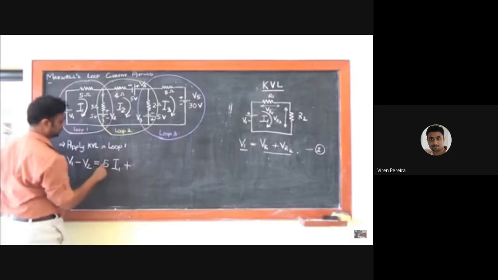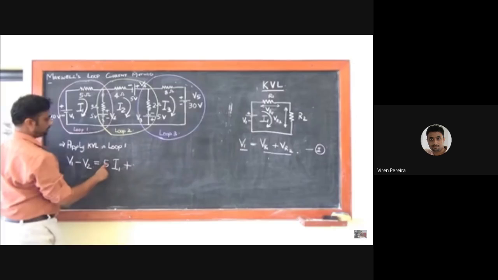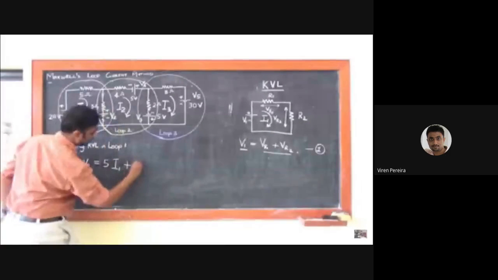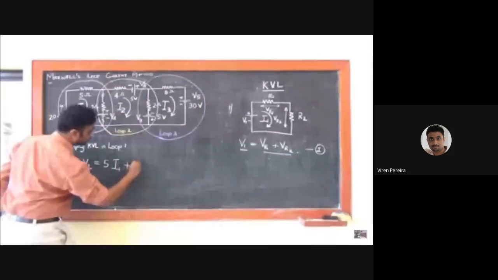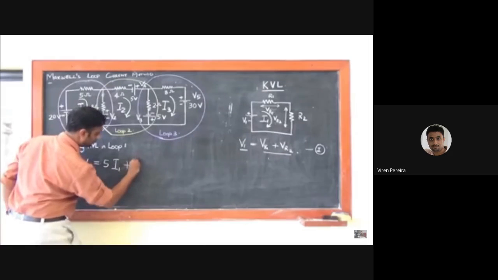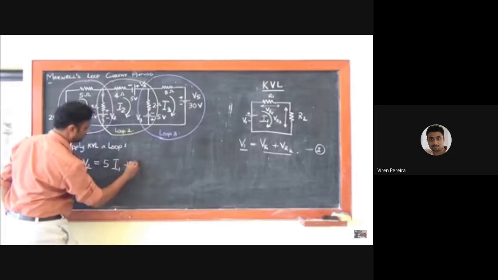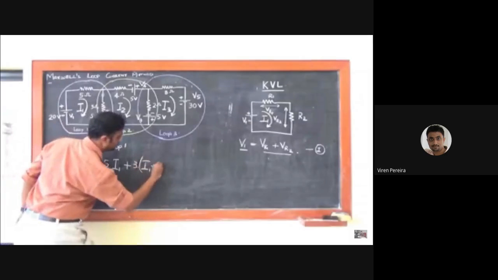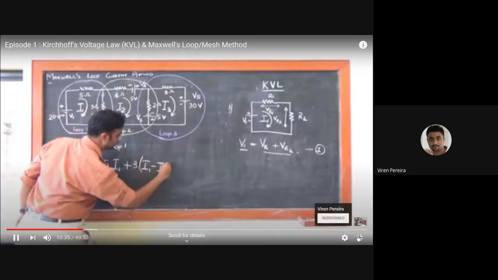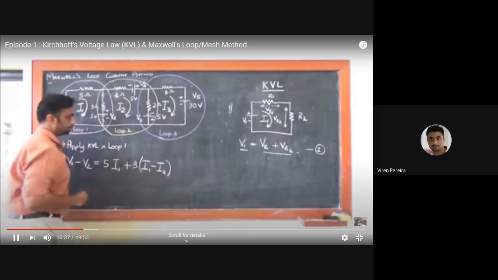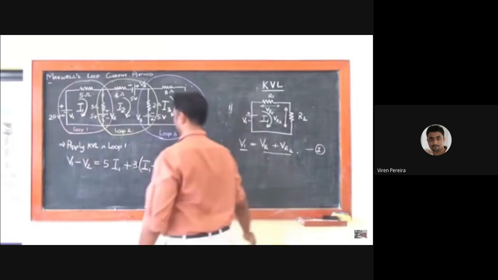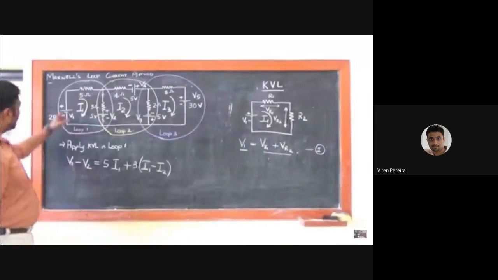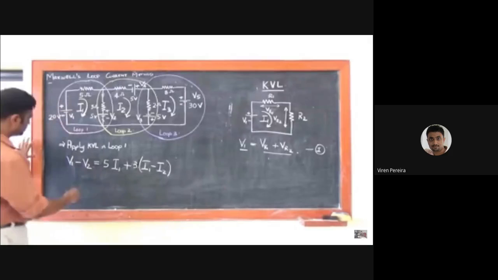Plus 5 plus 3, I1 minus I2. Now substituting the values.